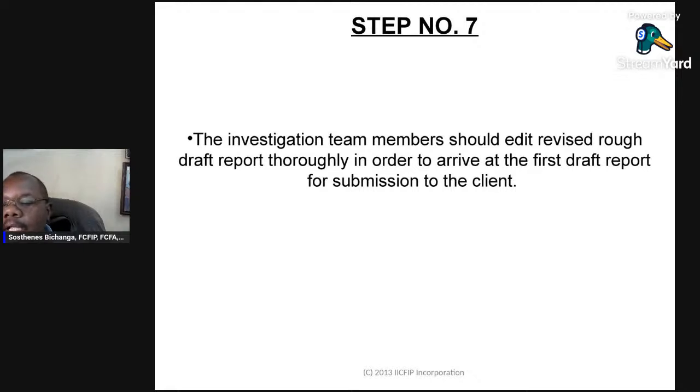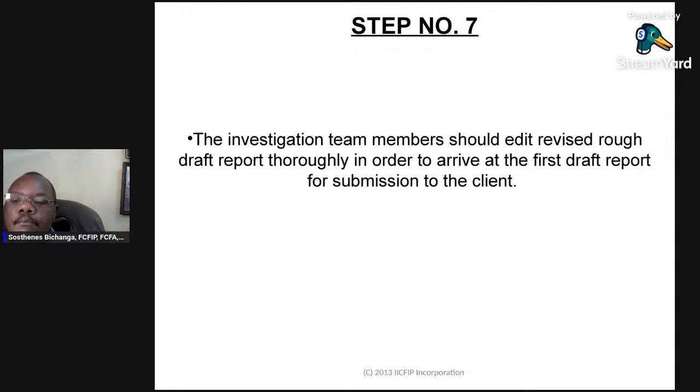You'll be telling the client that this report is between us, the investigators, and you as the client, and therefore no sharing of this report with irrelevant people. But in most cases it does happen that if the court requests the report, then it must be submitted to the court as per the orders.